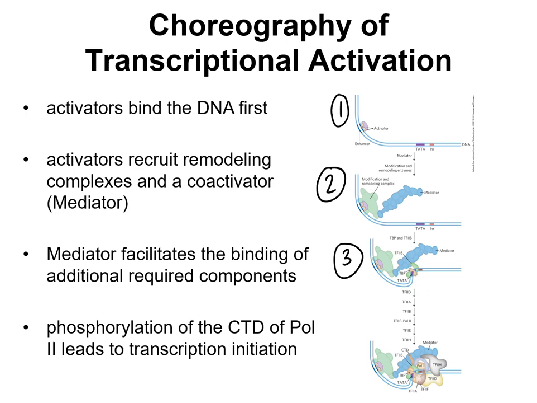We're looking at any other specialized things that might be needed for transcription at that particular promoter. All of those things are binding, including the polymerase, of course. And then once you have all of those things binding in the order that they bind in, then you've got phosphorylation of that C-terminal domain of pol 2, and you kick off transcription.